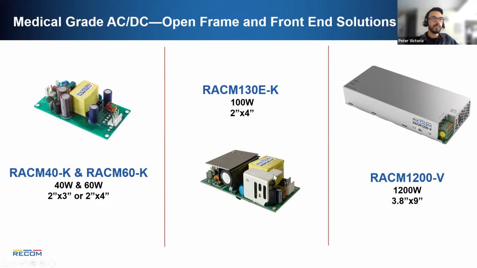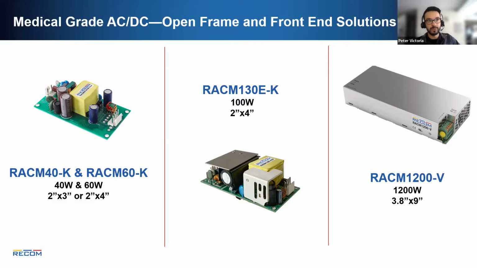And then more recently, we released this 130 watt at peak power, 100 watt continuous, in the 2x4 package. This one's going to be offered in an open frame or an enclosed version as well. I like to say that most of the time, the enclosure for our parts is really just there to prevent people from bumping into them and touching 120 volts.